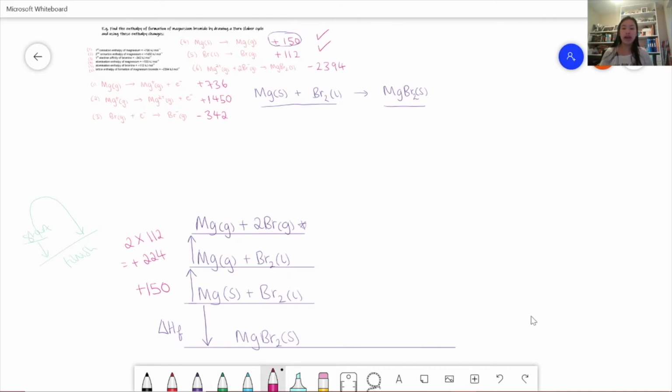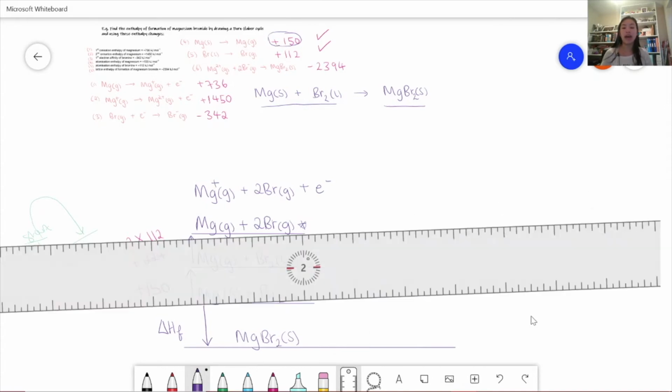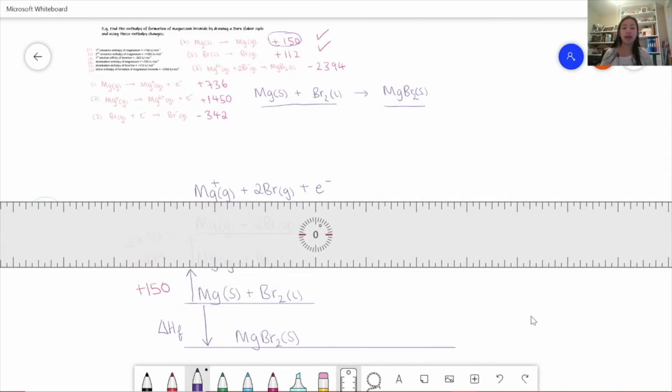So I can write in the first ionization energy of magnesium. I get magnesium gas, but it's going to be a plus ion now. And I'm still going to get the 2Br gas. I'm not changing anything about that. But I get an electron because I've taken an electron from the magnesium gas to form an Mg plus gaseous ion.